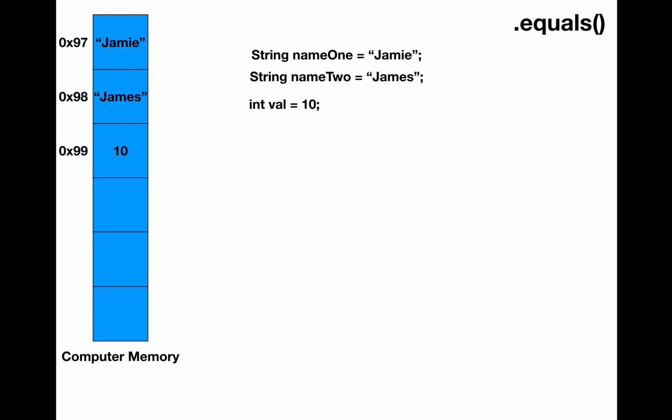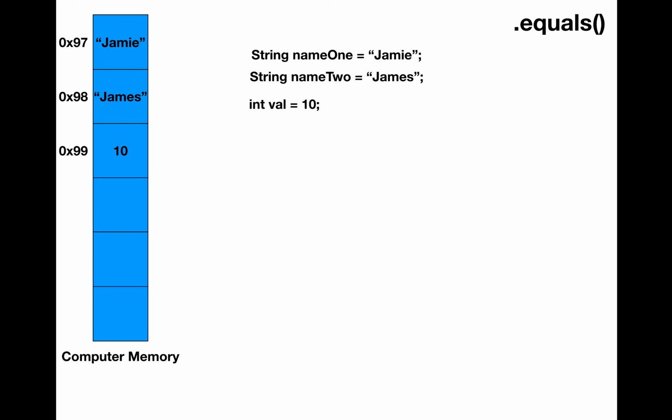Well, let's look at how computers store memory. So computers have different slots, and in each slot, they will put in some value. And let's call each one of those slots a spot in memory. And to be able to find that spot in memory, we're going to use an address. So say if you go to address 97 and take out the contents, you're going to find Jamie.